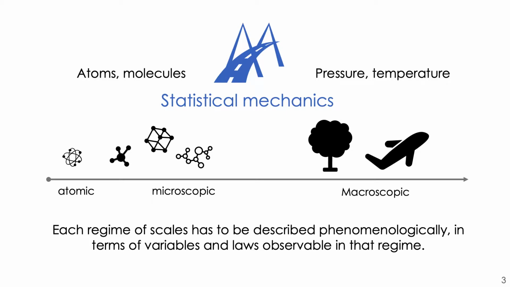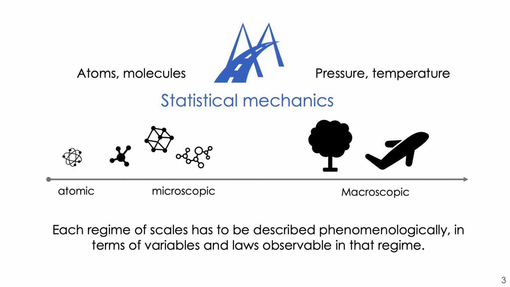Remember that statistical mechanics looks at individual molecules and atoms, and how the collective behavior of these particles in the atomic world connects to macroscopic properties like pressure or temperature, which are those that we observe, that we measure, and that help us describe the macroscopic world.